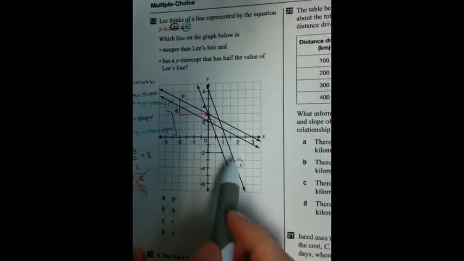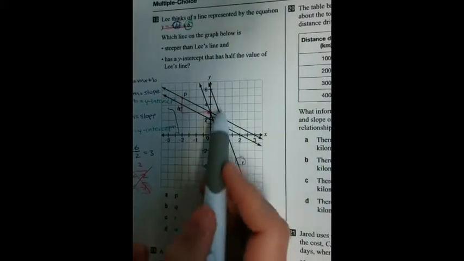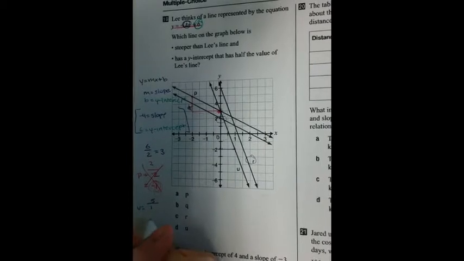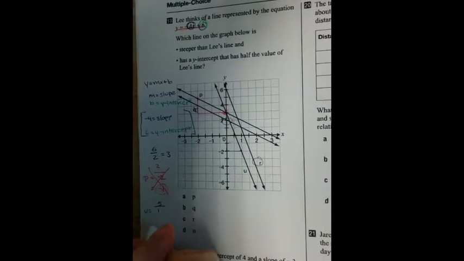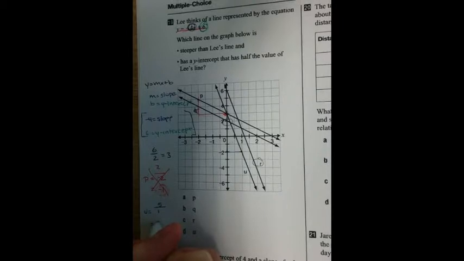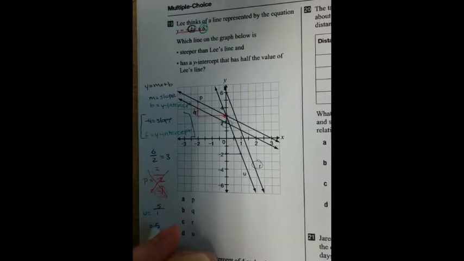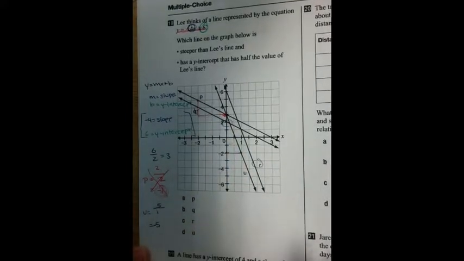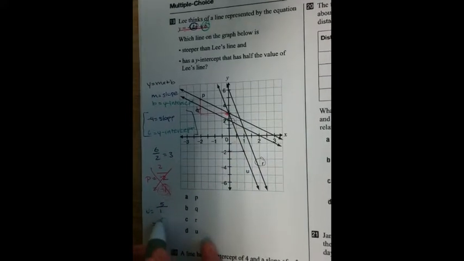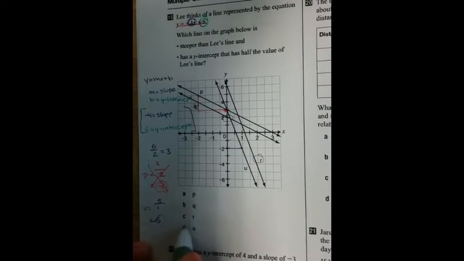Okay, so what that is right now is you have a rise from negative 2 to about 3, so that's a rise of 5, right? And then you have a run of 1, which gives us a slope of 5, which is a lot steeper. Negative 5, because of the direction it's going, by the way. I forgot to mention that. Negative 5 is steeper than the negative 4 value given in Lee's slope. So our answer would be U.